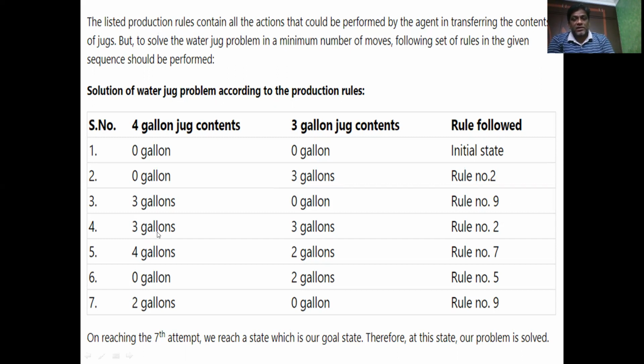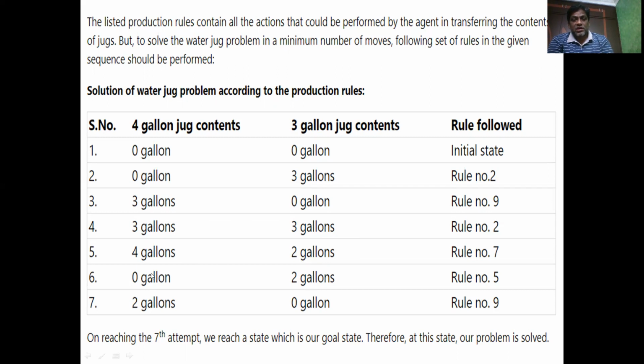And in the next step, again we fill the 3-gallon jug completely with the help of rule number 2. Now we pour some water from the 3-gallon jug into this 4-gallon jug in such a way that this jug is filled completely. Now there will be 2 gallons remaining in the 3-gallon jug.